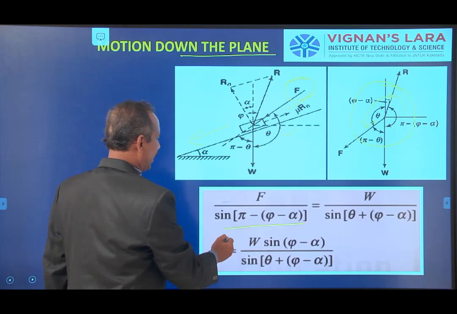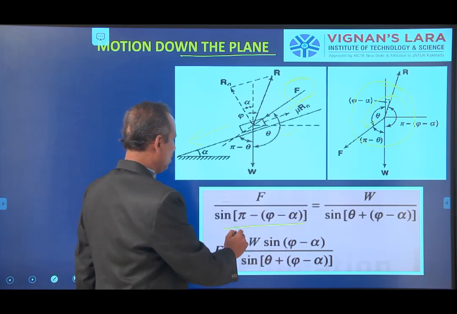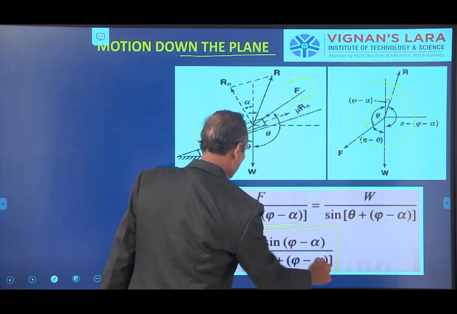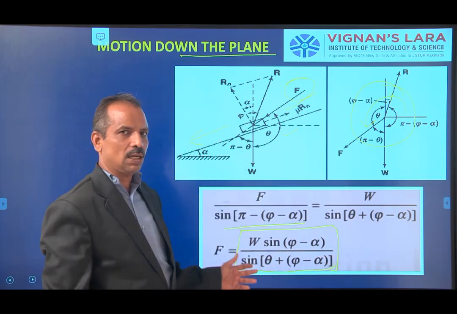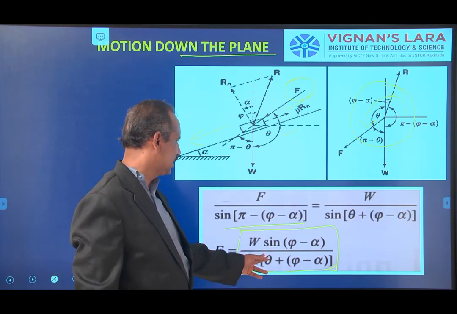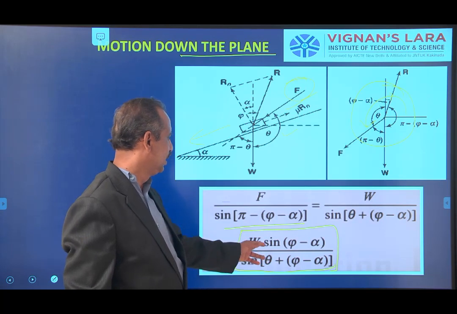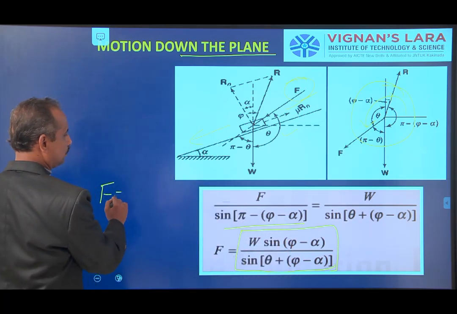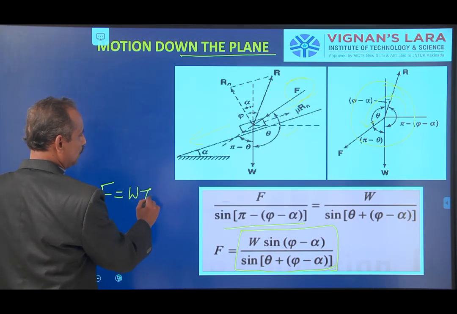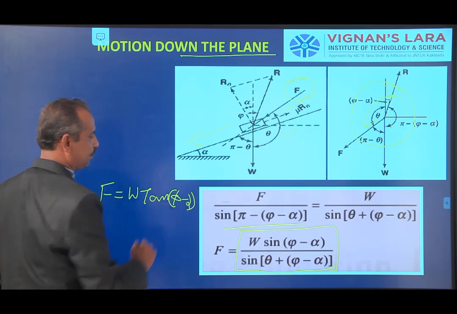Then if I cross multiply, I get F is equal to W sine phi minus alpha by sine theta plus phi minus alpha. Here also we can write, in case of theta 90, that is the force applied is horizontal, then this becomes F is equal to W tan phi minus alpha.